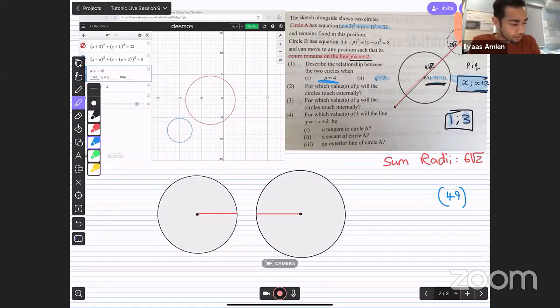Okay. So what's the distance between these 2 points, minus 3, minus 1, and 1 and 3, using distance formula? I want you guys to be quick.